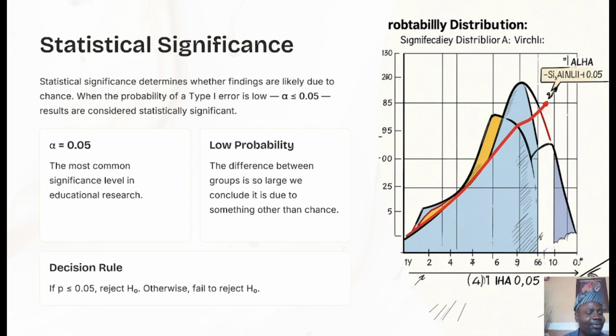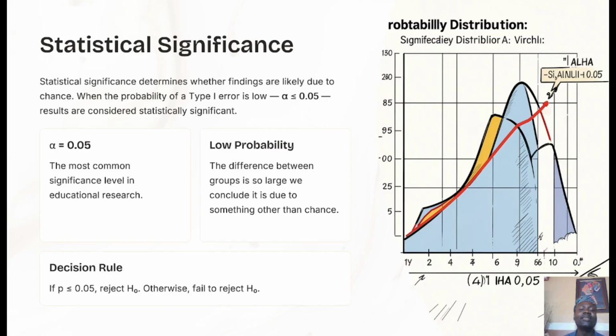The other 5 times we attribute to error, that could be type 2 or type 1. We don't want our p-value to be greater than 5. It could be equal to 5, it could be less than 5, to reject our null hypothesis.